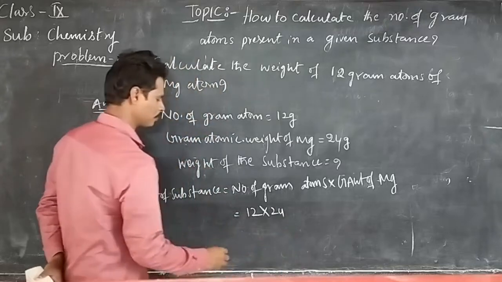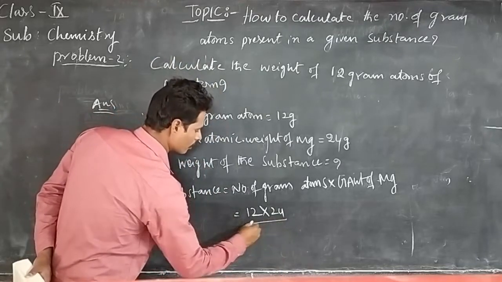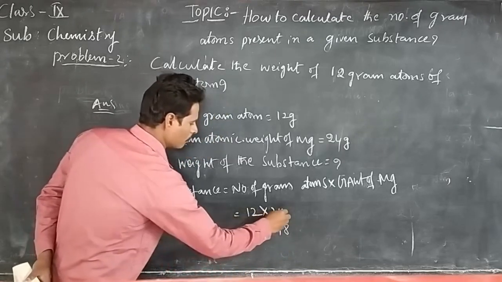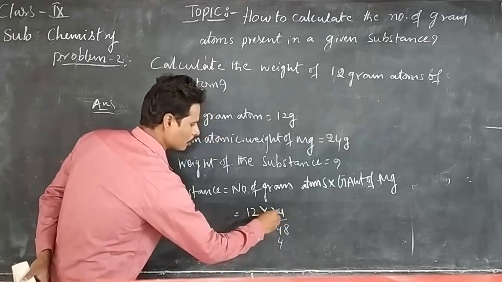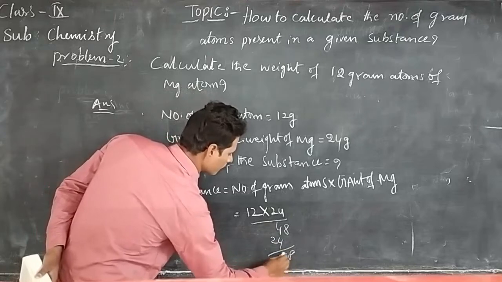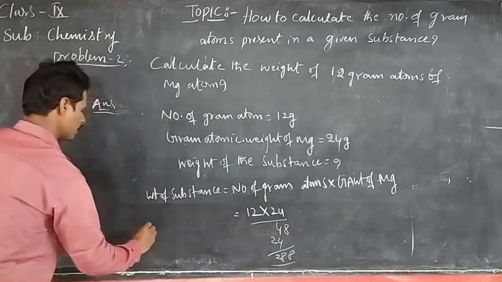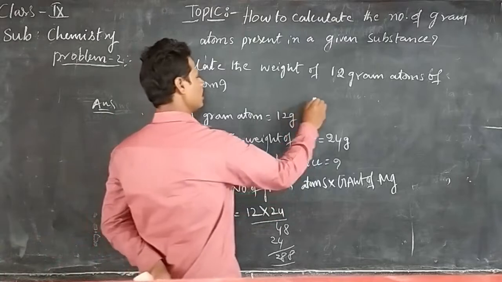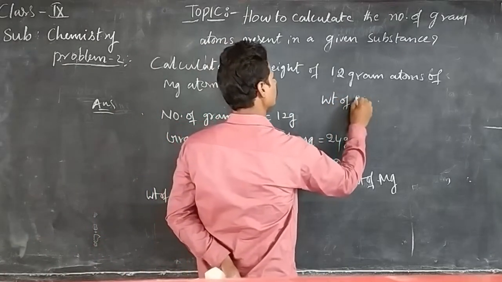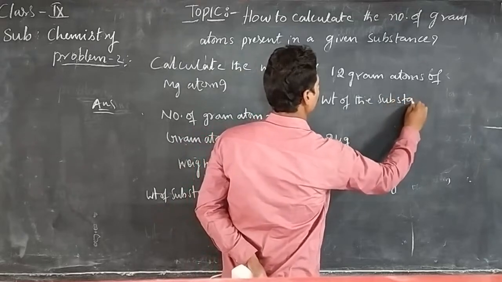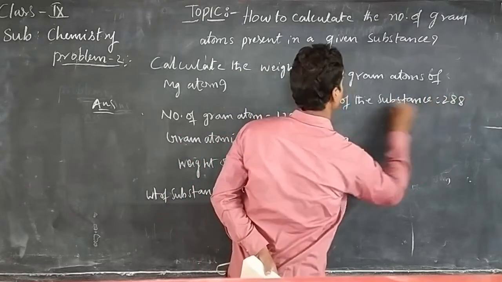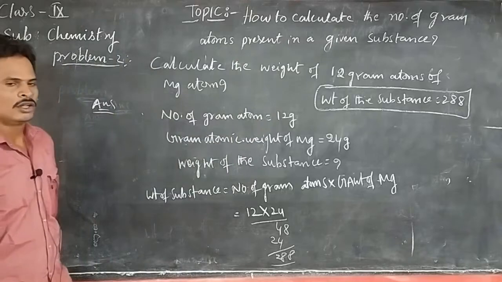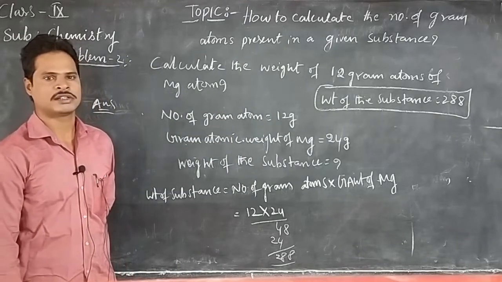What is the value? 2 fours are 8, 2 twos are 4; 1 into 4 is 4, 1 into 2 is 2. So weight of the substance equals 288. So these are the calculations.